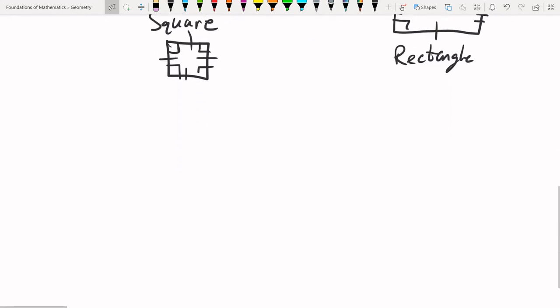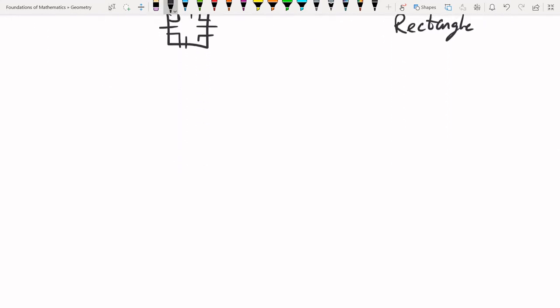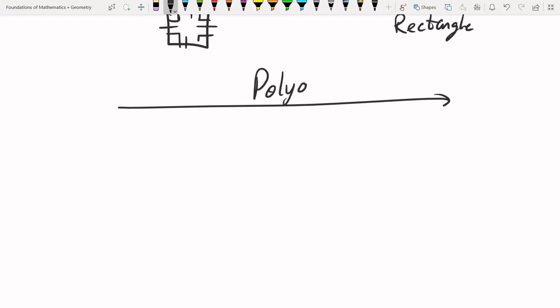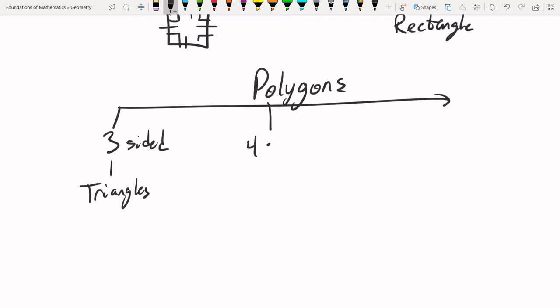So if you want, you can break this thing down. This is polygons. We can't have a two-sided polygon because that would be two-dimensional. We can have a three-sided. Three-sided gives you triangles and the breakdown of triangles. If we have four-sided, that's what we're looking at here.